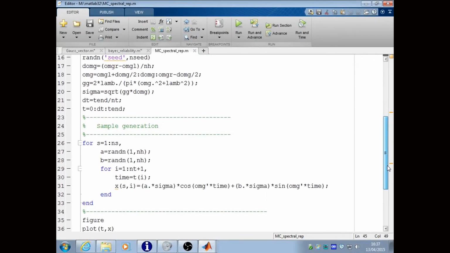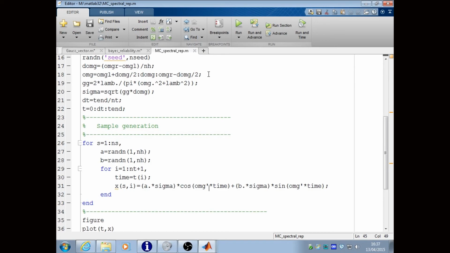Okay, so we start with the discretization part. First, we start this generator to make sure we did it and we're done with it. Now, d omega is the frequency interval considered for discretization. So the right value of the frequency minus the left divided by the number of harmonics.